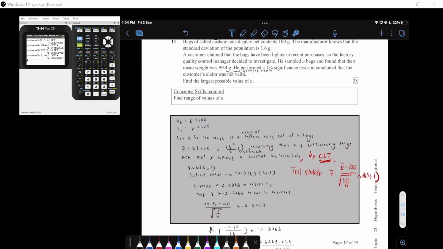Do you get what I'm saying? He concludes the customer's claim is not valid, means that H1 is false, which means that H naught is true, which means that we do not reject H naught. Is that clear?